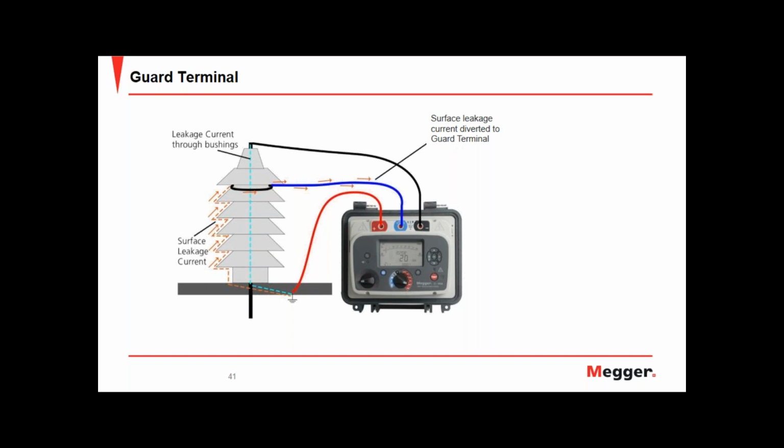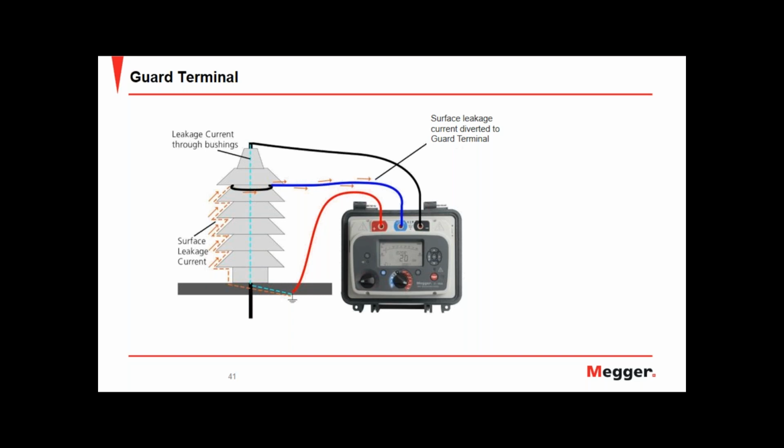So this leaves us with only the leakage current through the insulation material being considered and measured. And this provides us with the true, accurate IR value that we're looking for, that we can confidently rely upon. It's a value that we can base sound decisions upon in the next chapter of this asset's life.